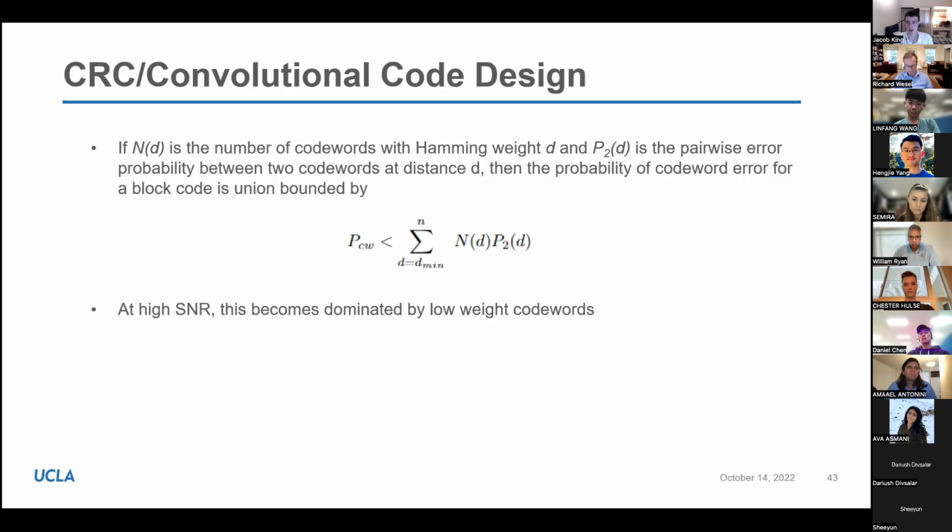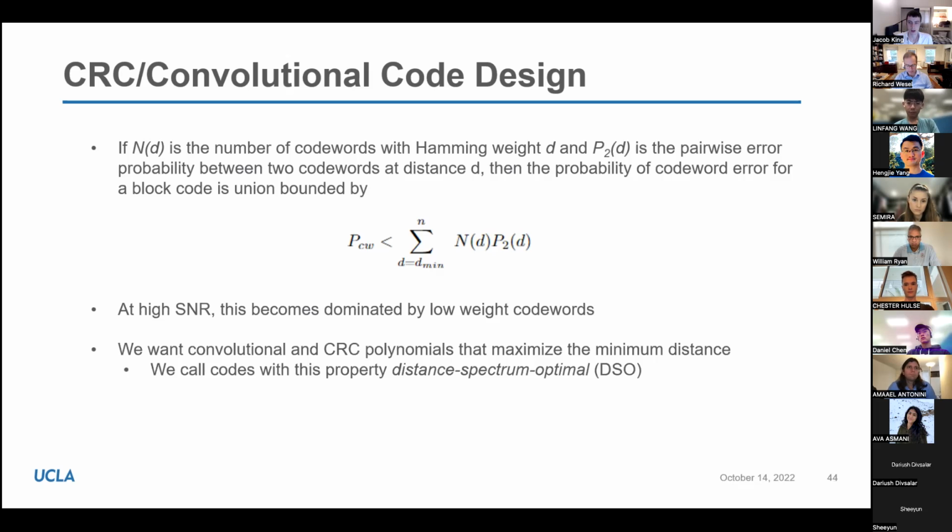At high SNR, this union bound becomes dominated by low weight code words. Because of this, in order to minimize this union bound at high SNR, we want to make the minimum distance of the code as large as possible, and also have as few code words as possible at this minimum distance. We call codes with this property distance spectrum optimal, or DSO.